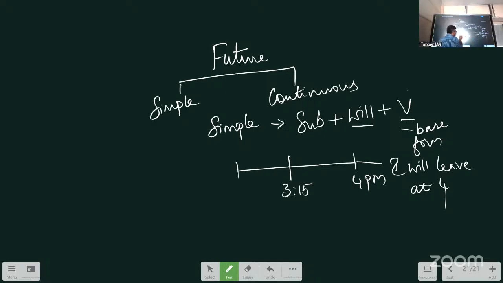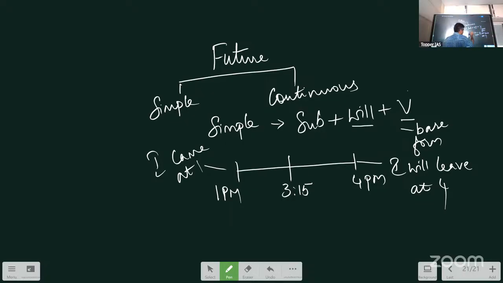A one-time action of the past is called simple past. I came at 1. So now it is 3:15, 1 p.m. is past, 4 o'clock is future. One-time action of the past, simple past. One-time action of the future, simple future.